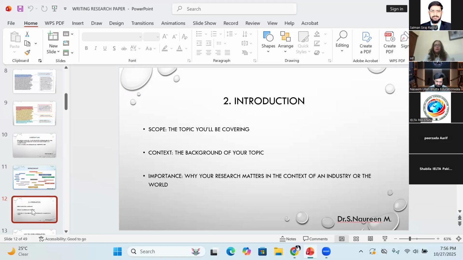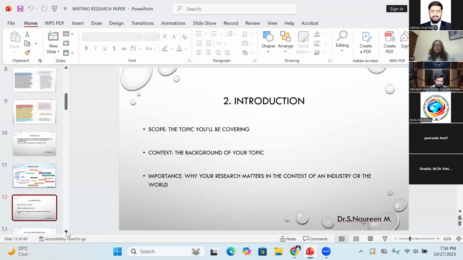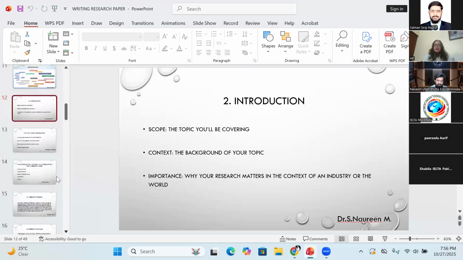You have to think of why it is important, because being a researcher, you know the importance, but the introduction chapter is where you let the reader know why and how this is important. The scope, the entire context, so that nothing remains ambiguous in the mind of your reader. When they understand it, I'm sure they'll appreciate it too.